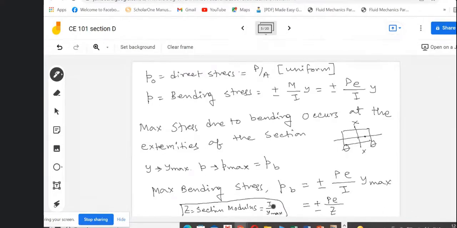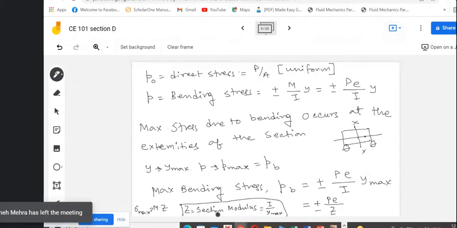I guess you remember that sigma max is equal to M into Z, because whenever this y becomes y maximum, sigma, that is the bending stress, also becomes the maximum value, and then we have used these equations to find out the bending moment, which also becomes the maximum moment. So we have done some numerical problems as well.